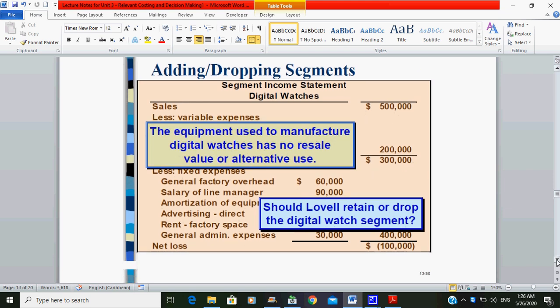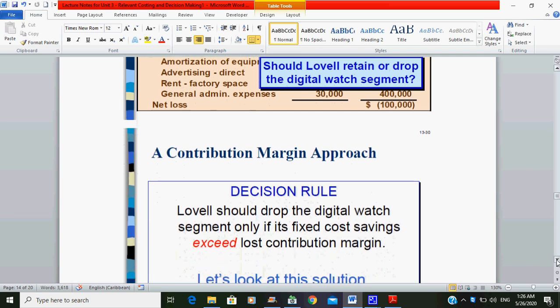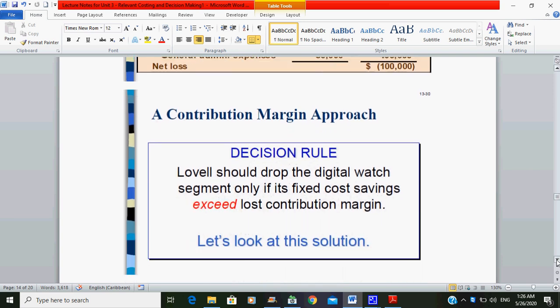Based on the fact that the fixed factory overhead will continue the same, and the general admin will continue the same, we look at the contribution margin approach now. Lovell should drop the digital watch segment only if its fixed cost savings exceed lost contribution margin.